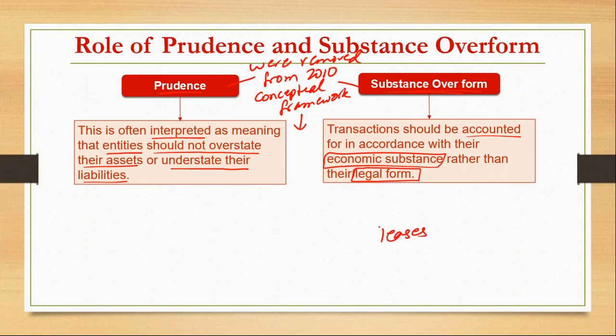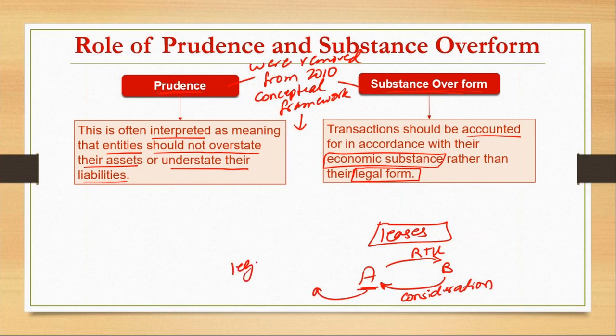Like let's suppose in case of leases, A gives the right to use of the asset to B and receives the consideration. Now legally the asset belongs to A, but in substance A will never gain the benefit from the asset. Rather, the benefit from the asset will be gained by B. So that is why we say that this is not an asset for A as per the substance over form concept.